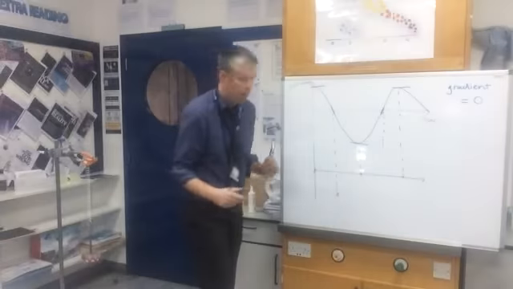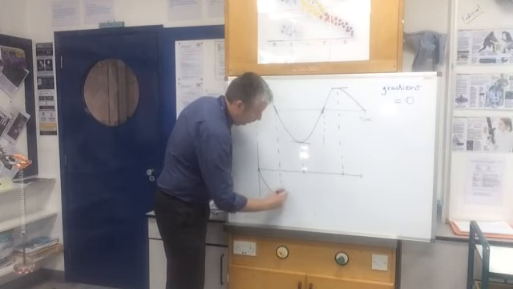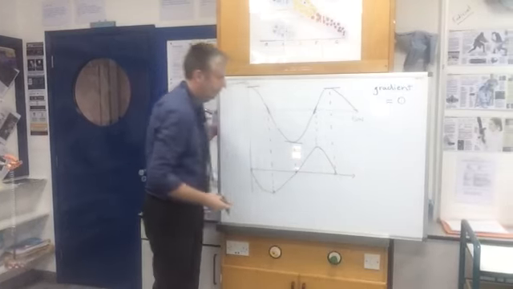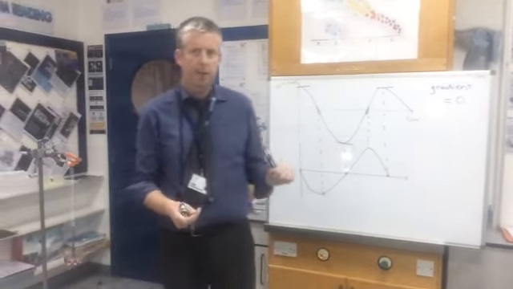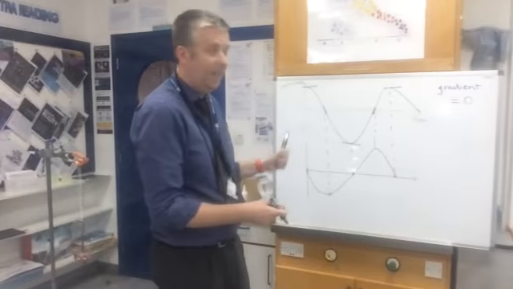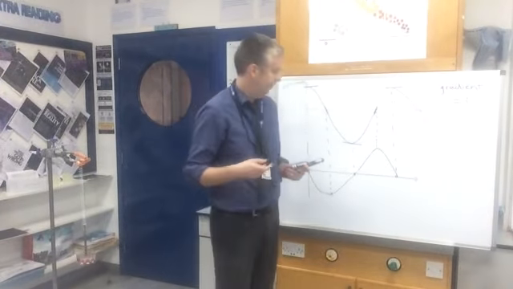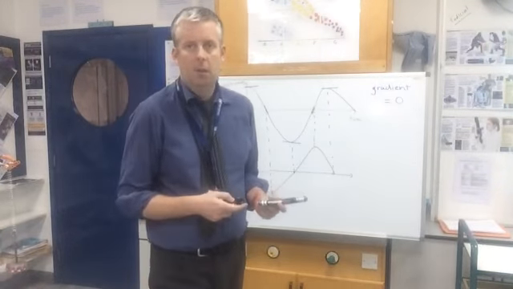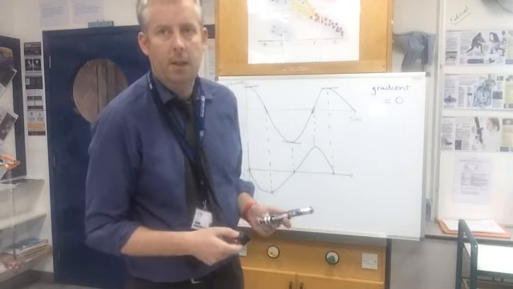And if I draw on these things, I end up with something that looks like that. So, it's got the same period as the displacement time graph, but it is the derivative of the displacement time graph. And I end up with something that looks like that.